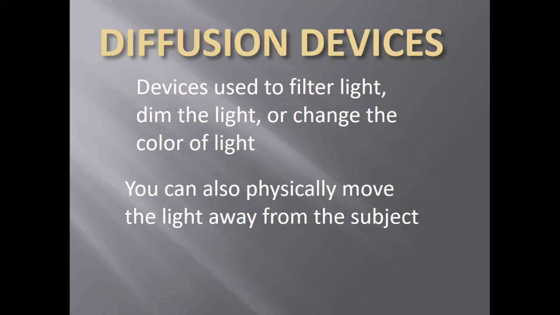Sometimes we get so hung up on using cool accessories or devices that we forget that one of the easiest ways to add more light to our subject is just move the light closer to our subject or move our subject closer to the light. The same thing, if your light's too bright, just pull that light back a little bit and it will help diffuse that light over a wider area, making it less harsh on your subject.